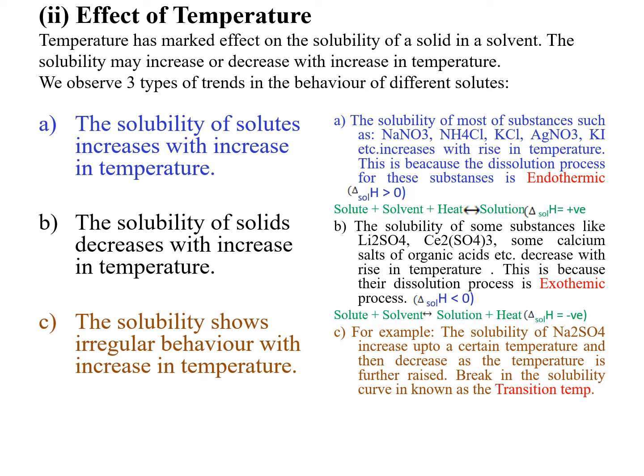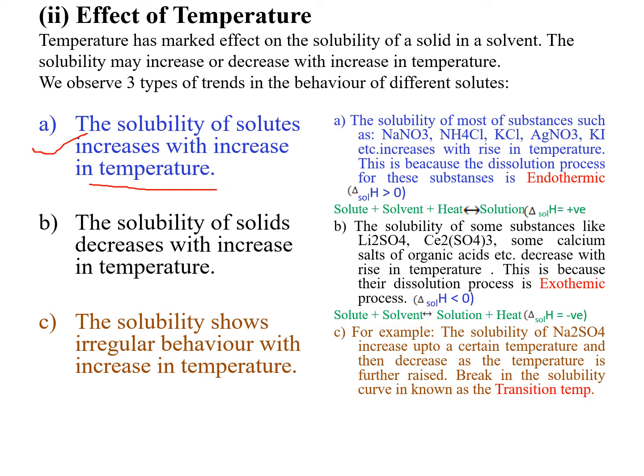The effect of temperature depends on the nature of the solute which you are adding to the solvent for making a solution. Suppose, first point, the solubility of solute increases with increase in temperature. What type of solutes? Those for which solubility increases on increasing the temperature.